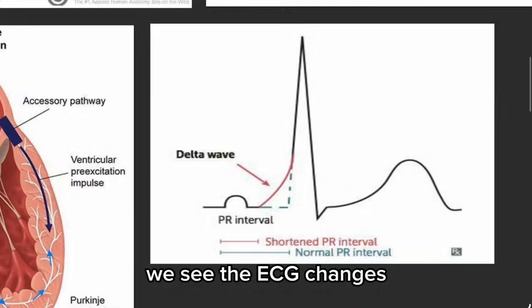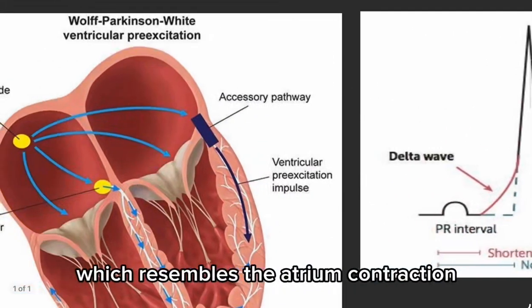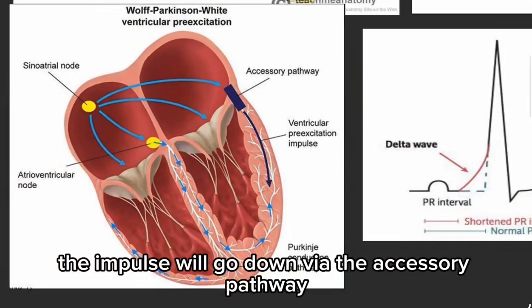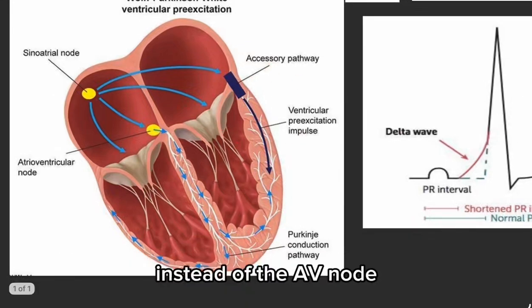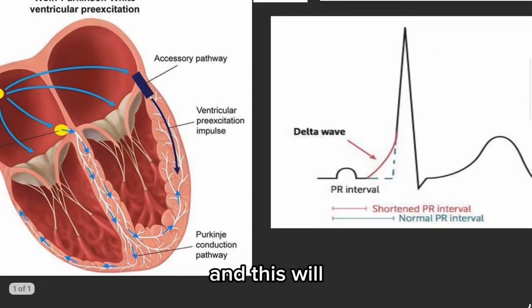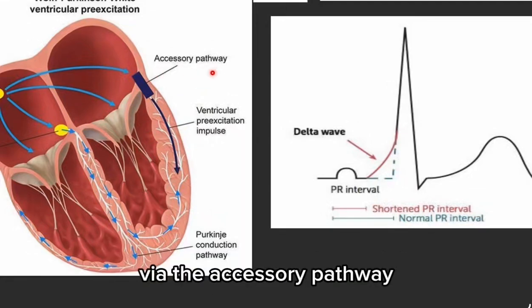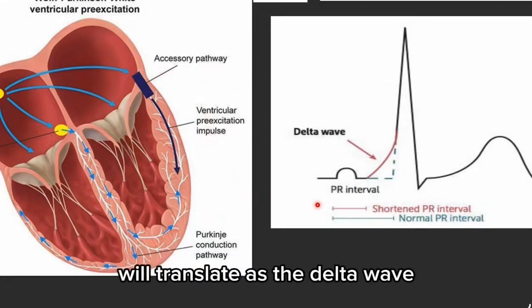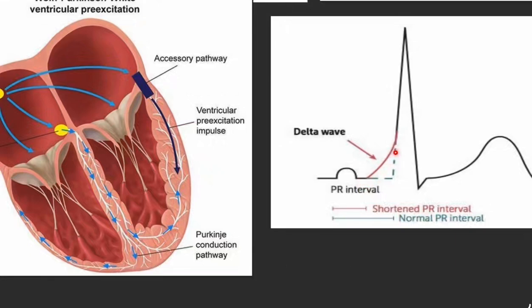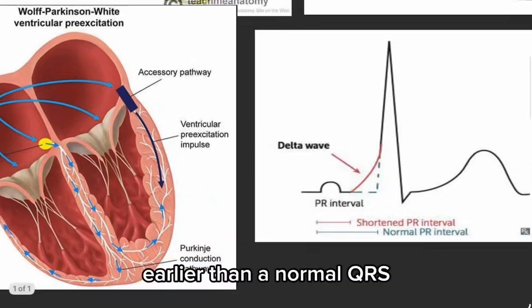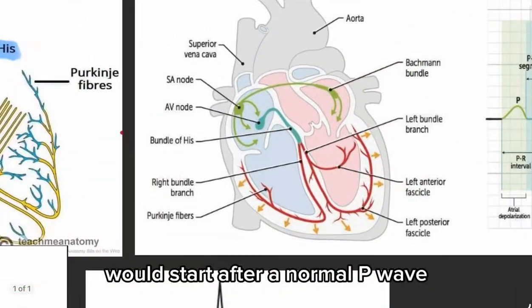So here we see the ECG changes, and we see the P wave, which resembles the atrium contraction. But here the impulse will go down via the accessory pathway instead of the AV node, and this will result in early pre-excitation of the myocardium. And this early pre-excitation of the myocardium via the accessory pathway will translate as the delta wave. Now, we can see that the delta wave started relatively earlier than a normal QRS would start after a normal P wave.